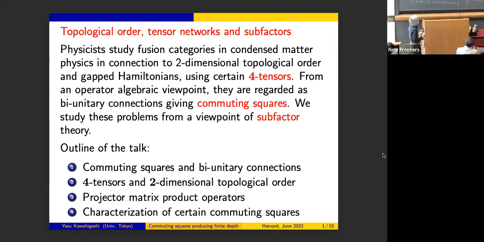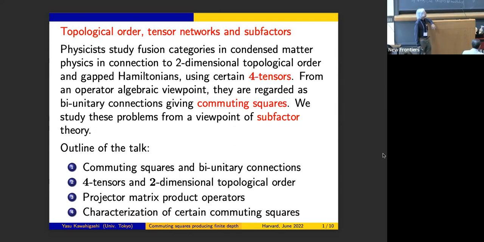From an operator algebraic viewpoint, they are regarded as a biunitary connection, which I'll explain, giving a commuting square. So we study these problems from a viewpoint of subfactor theory in this talk. The outline of my talk is as follows. I first explain commuting squares, which is a basic notion in subfactor theory, and its formulation in terms of biunitary connections.